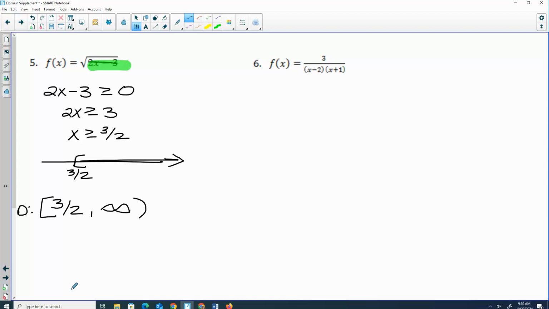Does that make sense, everyone? So make sure when you set up that inequality, you are solving it all the way. Also, something to remember, if you multiply or divide by a negative in your inequality, what happens? Yes, the inequality would flip. So all of our normal inequality rules still hold.